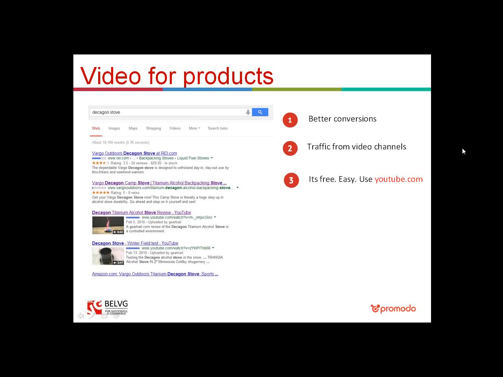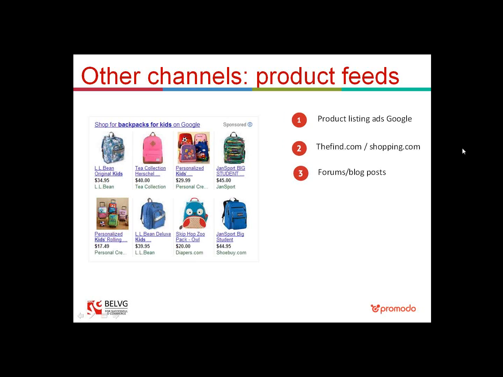Actual videos on the page also tend to increase conversions, because people like to watch videos, and it is very descriptive and very easy. And as an extra traffic channel, you can also get visits directly from YouTube.